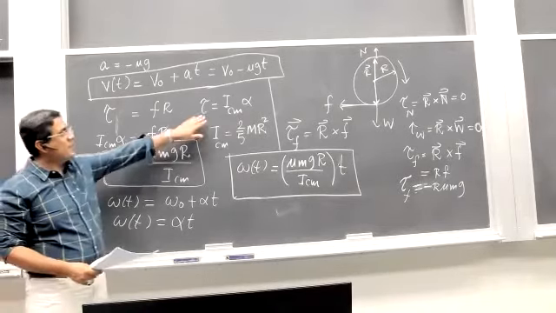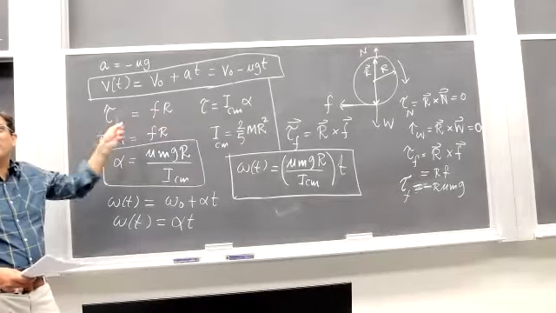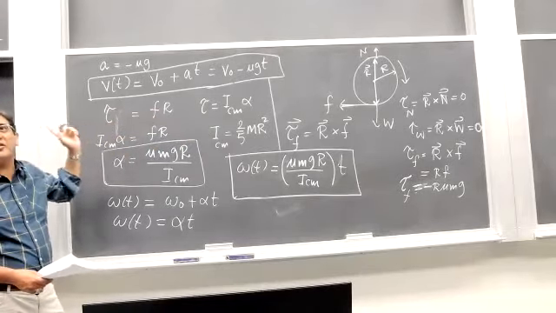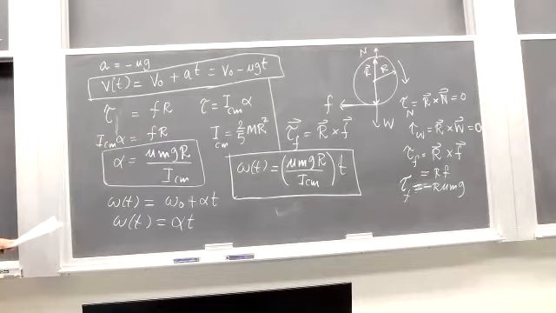See, this torque is negative and this torque is also negative. Both are pointing in the z direction. We're just taking the magnitudes, right? Okay. Thank you, sir.